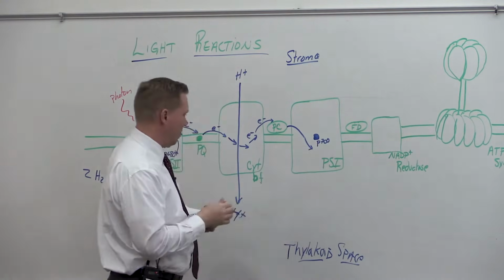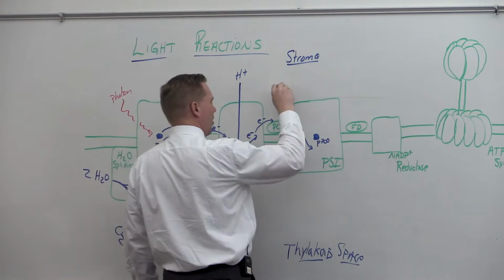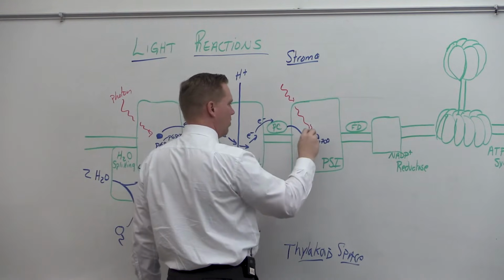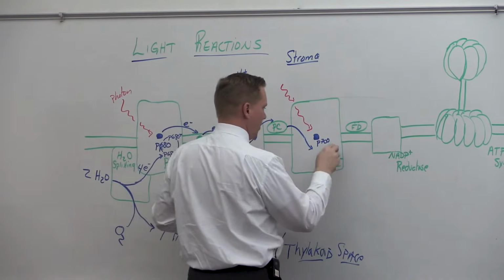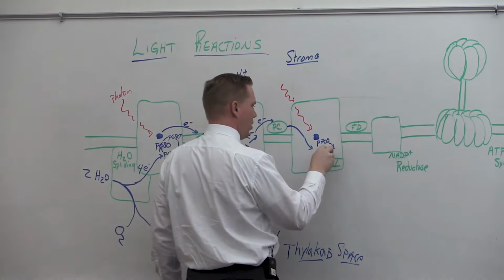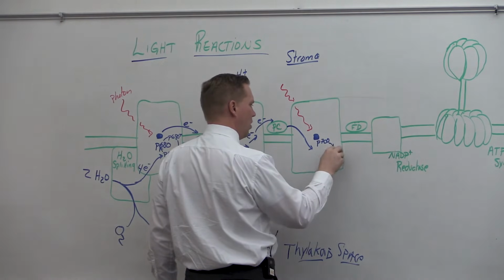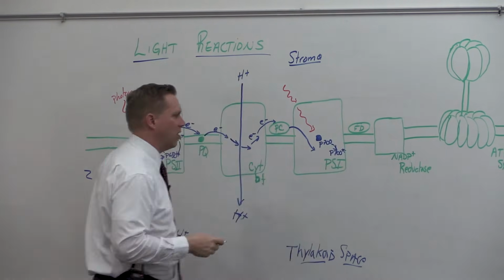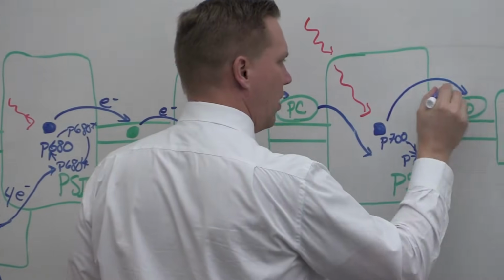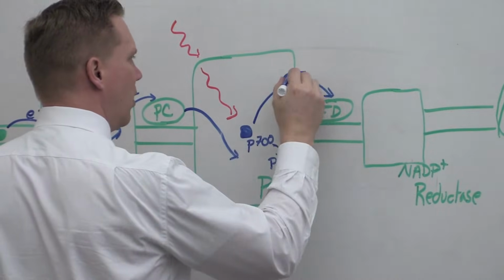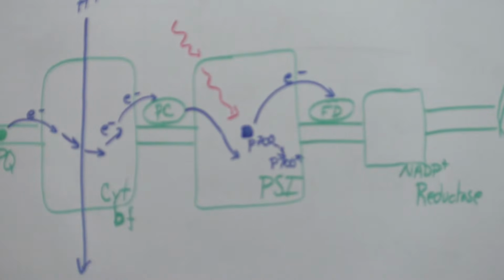As a photon of light comes in, it will excite the P700 reaction center to form P700 star, with a little asterisk there on the top. P700 star takes that excited electron and donates it to ferredoxin.